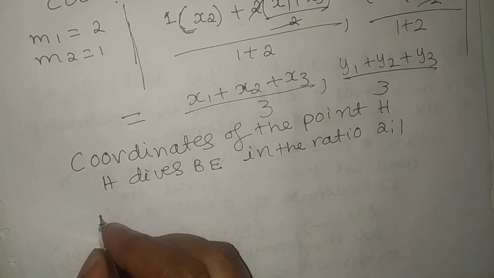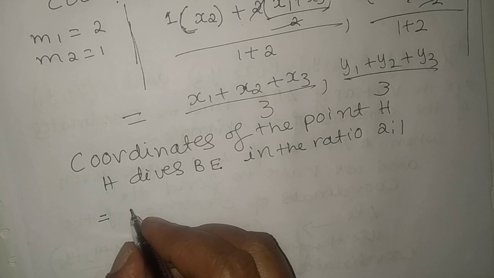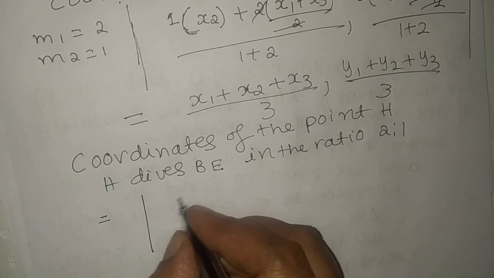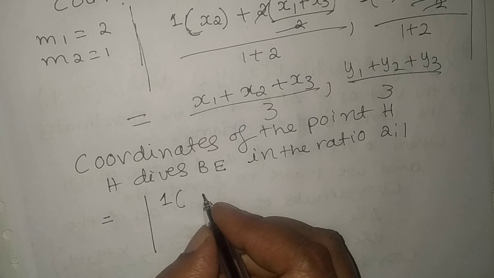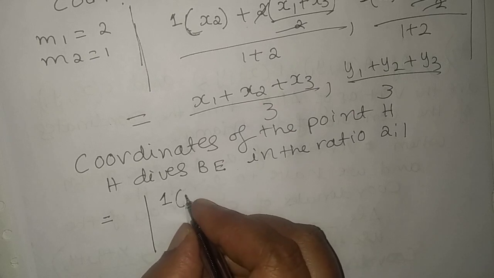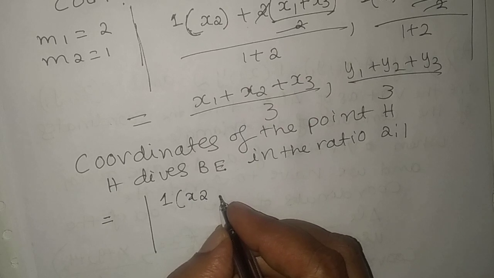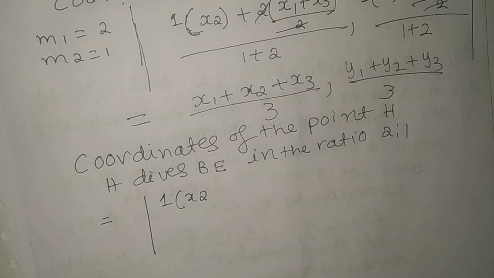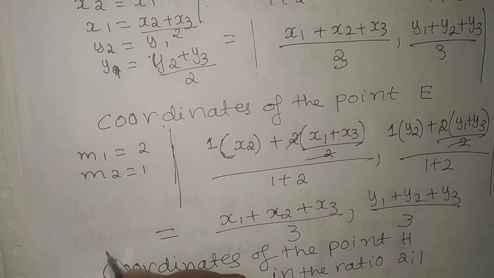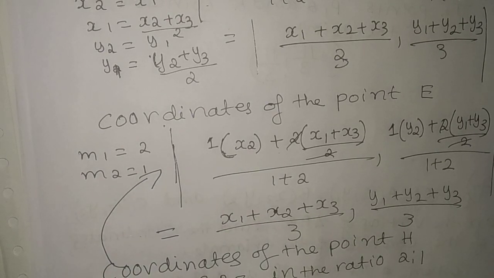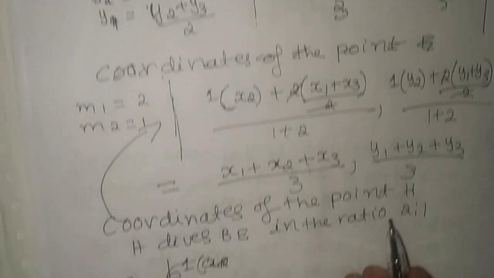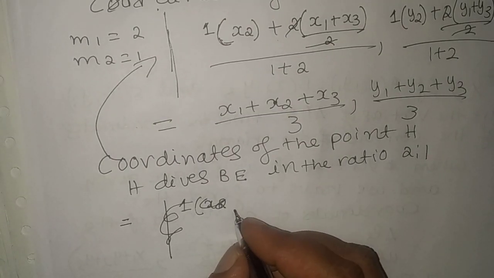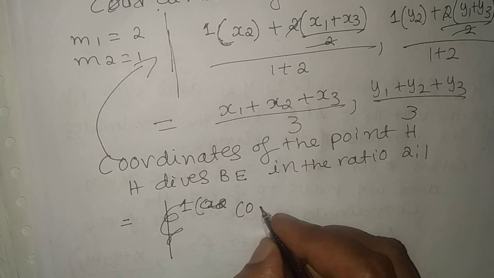So now we have to find out for H. For this, 1 into x2, this is only for X. We already finished, but what we get, this is for H. Okay, we finished now.